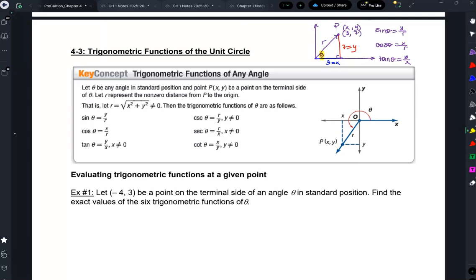The adjacent is always going to be the horizontal side. And so if sine is opposite over hypotenuse, it's always going to be y over r. Cosine is always going to be x over r. And so now when we know that, that means we no longer need a diagram like this. If I just take any coordinate point, I can use just the x and the y coordinates, and I can find my trig ratios.